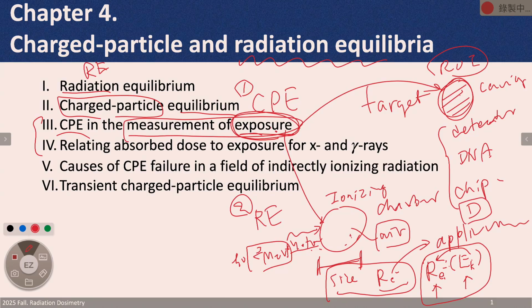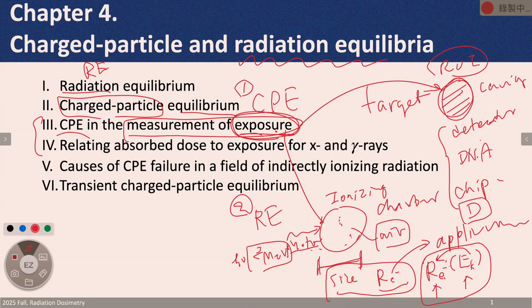Because this material is not air, we move from the exposure term to radiation dose. But when you talk about radiation dose, you can always measure dose, but what is the actual dose? You must talk about the equilibrium situation.